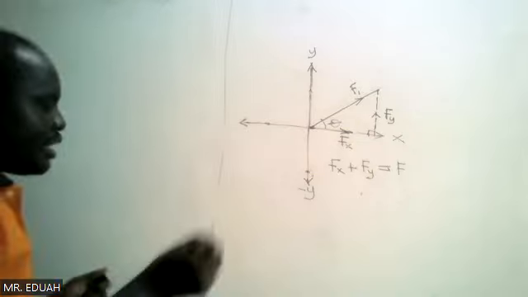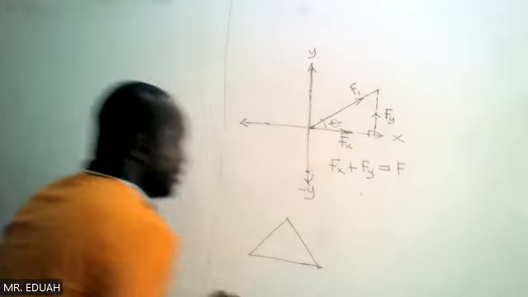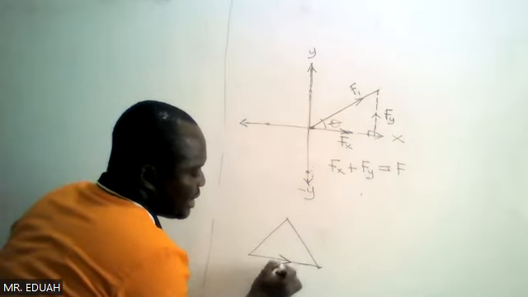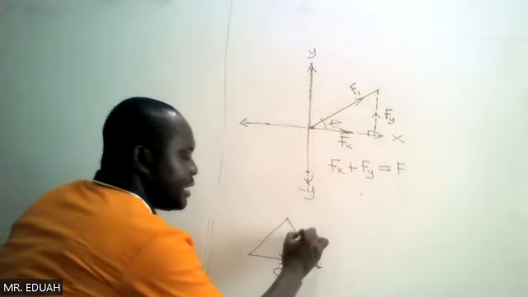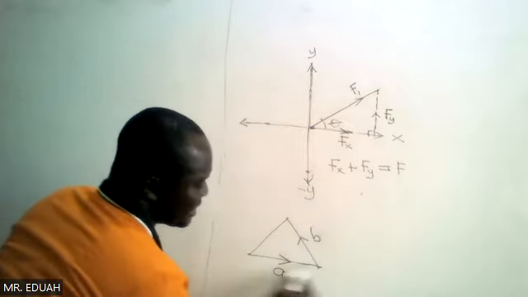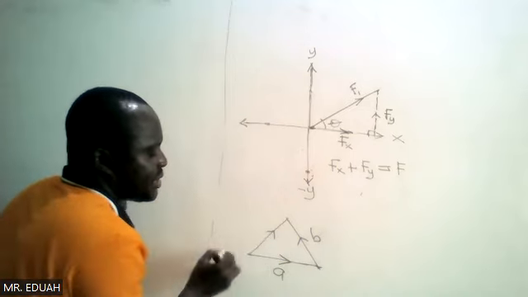Yes. If you have a triangle, and you are told that this side is in this direction, and this side is in this direction, then the third one will be in this direction.